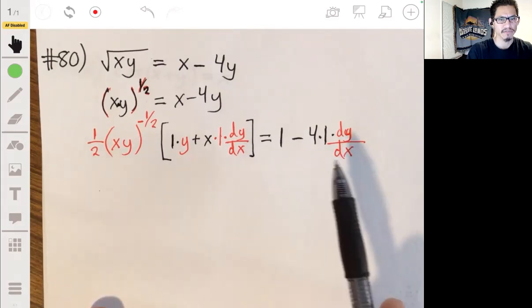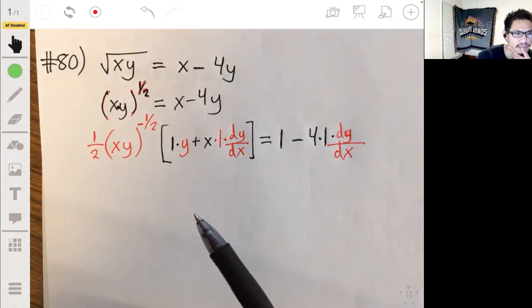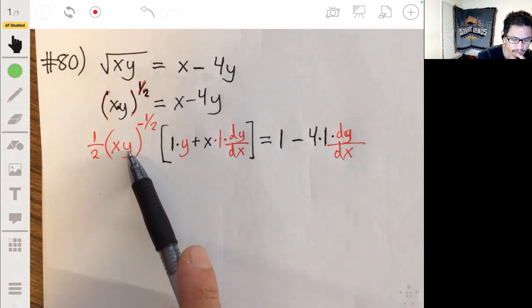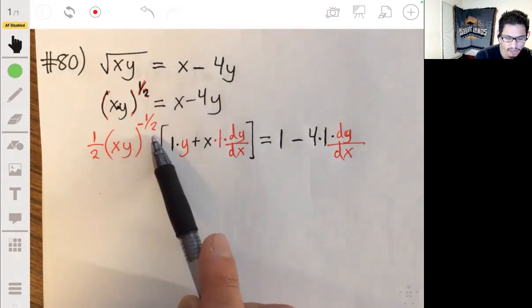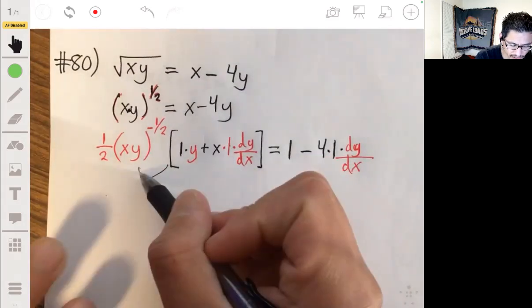So again, now I'm solving for dy/dx. So let's see. Okay, so let's just expand everything. Let's expand this.